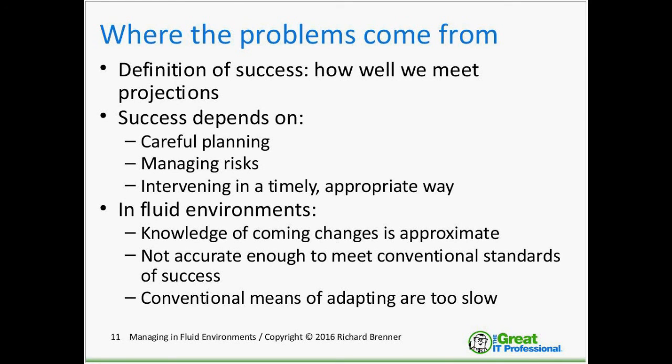Those expectations were based on conventional standards of success, which were set before the working environment became fluid. And so today, we have to change how we do things. We can't use conventional methods to meet conventional standards in an environment that is no longer conventional. Our ability to predict is just not up to the task.